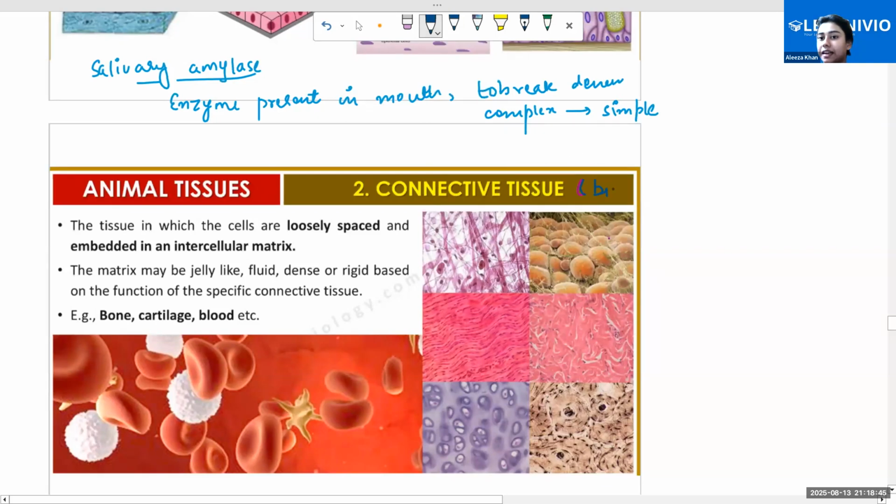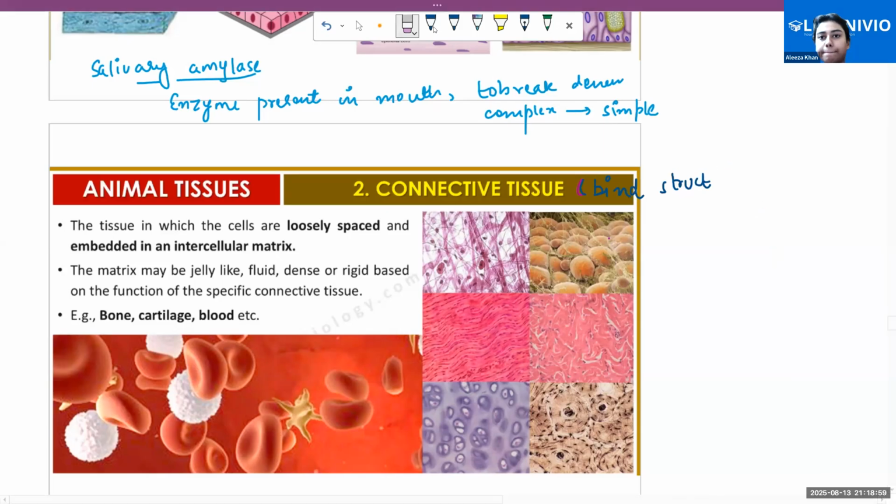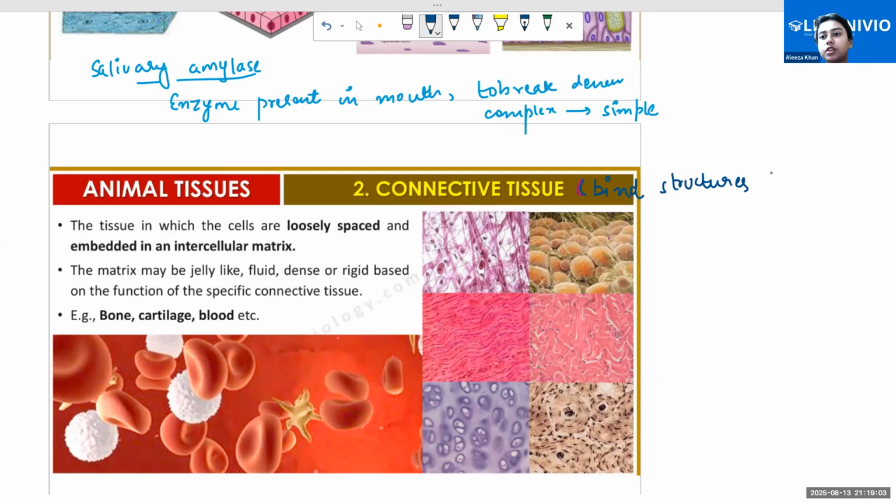Yes, they connect or bind structures. They bind structures together. With which structures can they bind? Mohammed, which structures can these tissues bind?